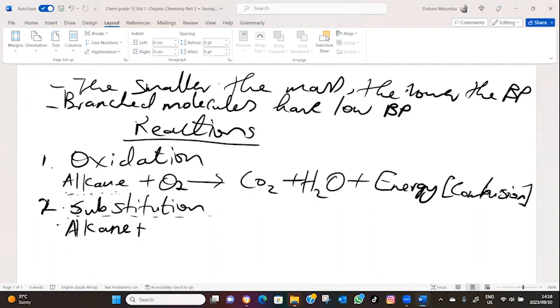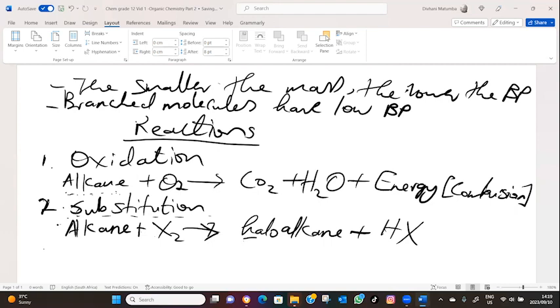So if you add a halogen, you can get a haloalkane plus one of the byproducts. Now, on the two halogens, we have one halogen substituted into the alkane chain, and then one was left.